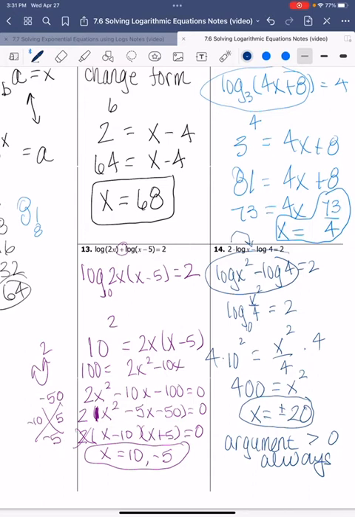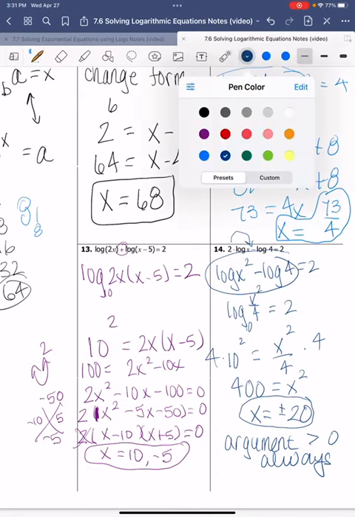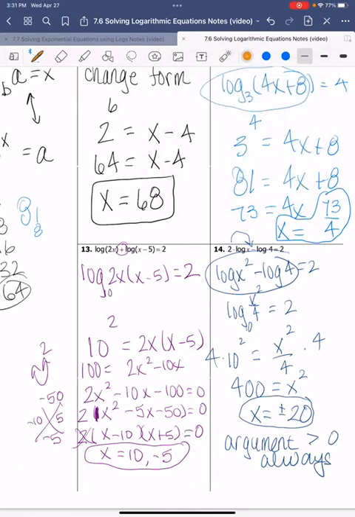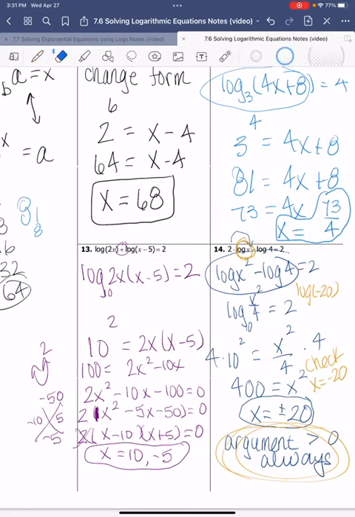So if you go back and you check number 14, if you plug in negative 20, that would give you a negative argument right here. It would become the log of negative 20, and that's never allowed. An argument must always be greater than 0. So I'm going to adjust, and this is not going to be plus or minus 20. It is just going to be 20.